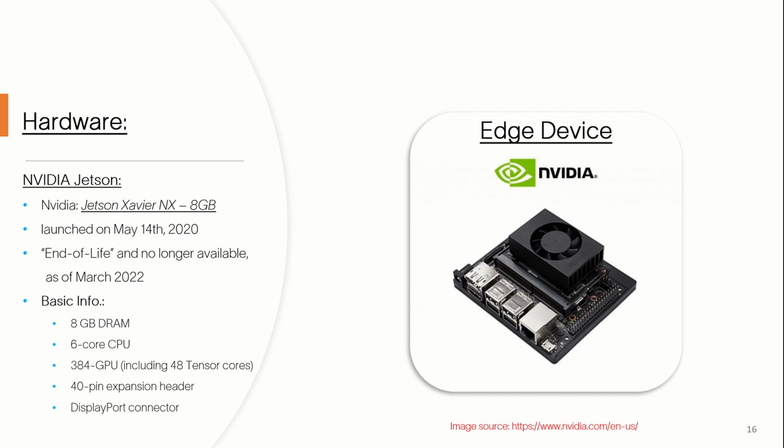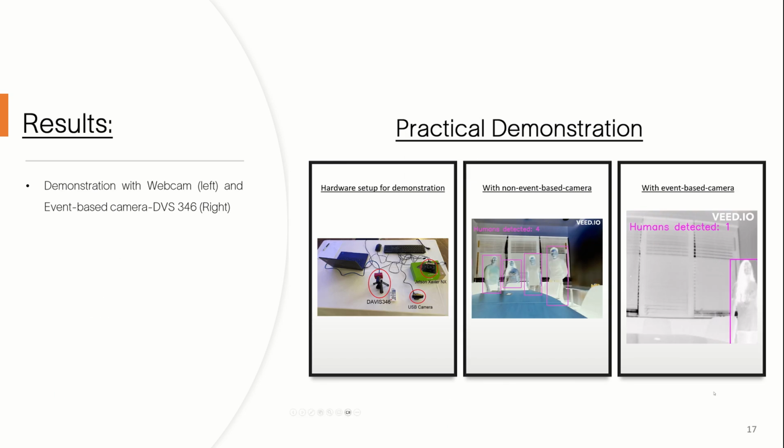There are also the Nano 2 GB and 4 GB, but those are for more optimized and lower-level applications as compared to our complicated algorithm, where we are doing learning as well. So we need at least this minimum hardware, and we use this NVIDIA Jetson for our hardware implementation.